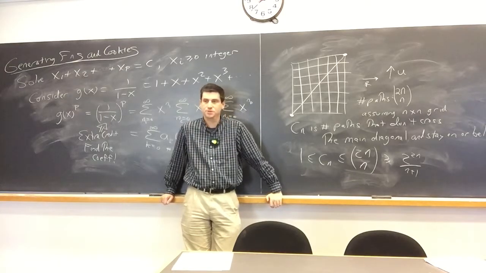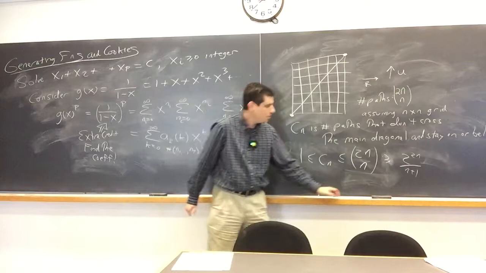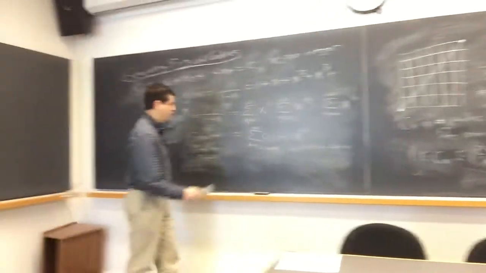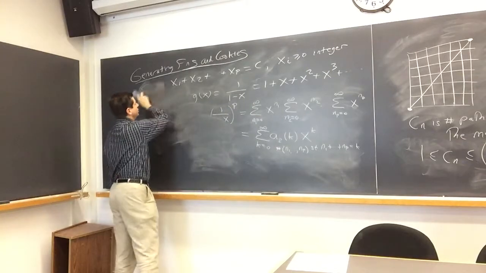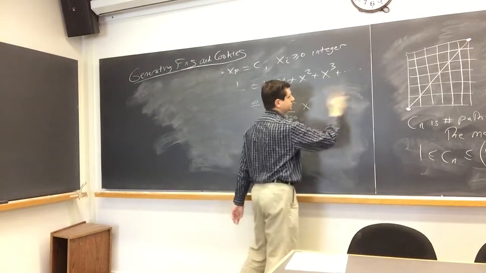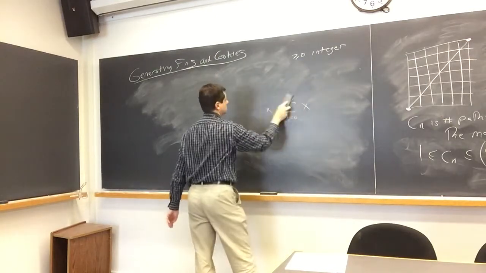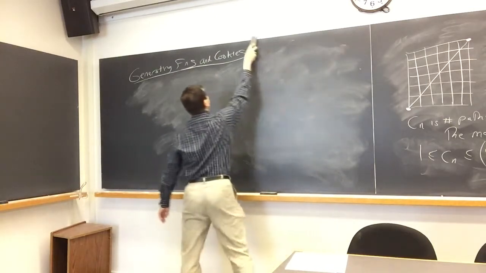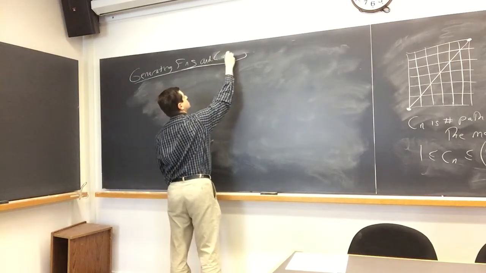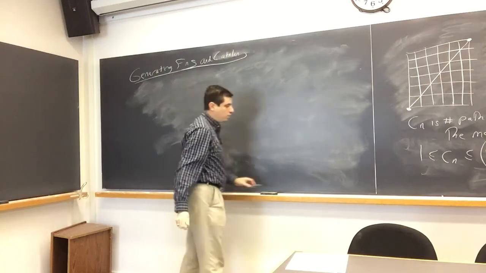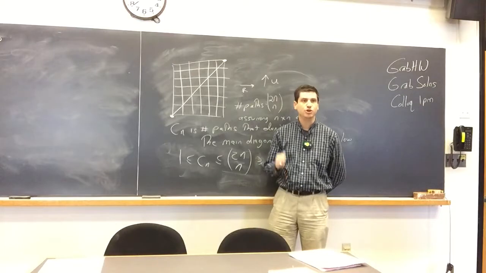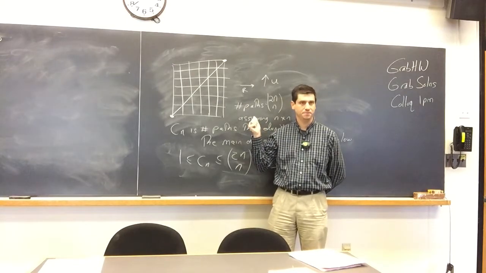Can we get better bounds? One problem is, can we come up with a recurrence relation for Cn? If we can find a recurrence relation, maybe we can solve it. One of the reasons I really like this problem is that sometimes it's easier to introduce auxiliary quantities.